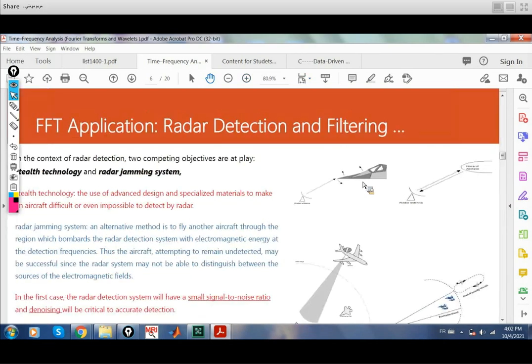These objects, the radar sends waves, but the shape of the target is specific, and the reflected waves don't go to the center. The target reflects waves to other directions, as you see here.